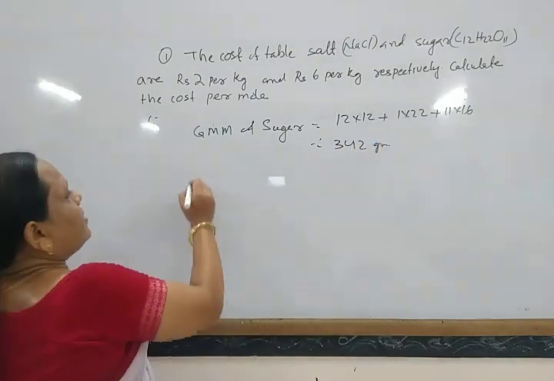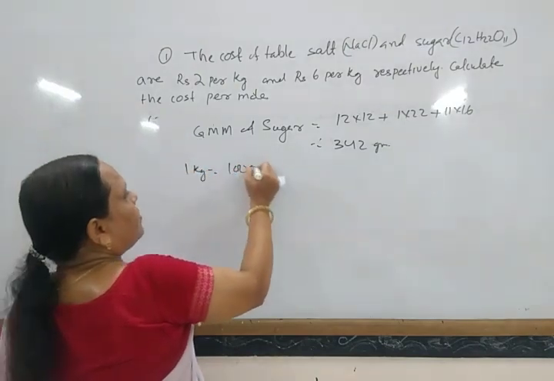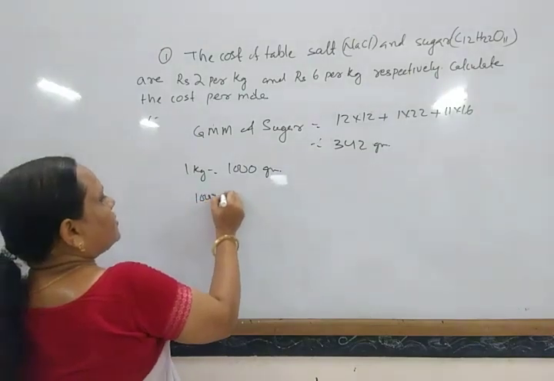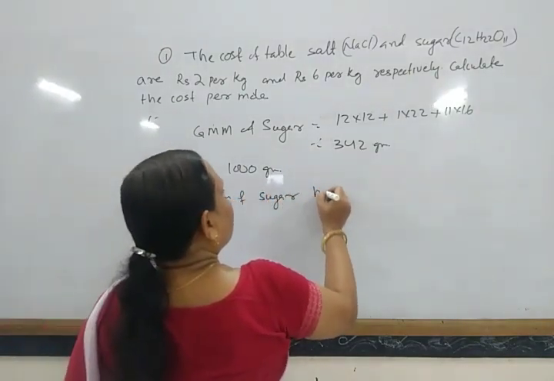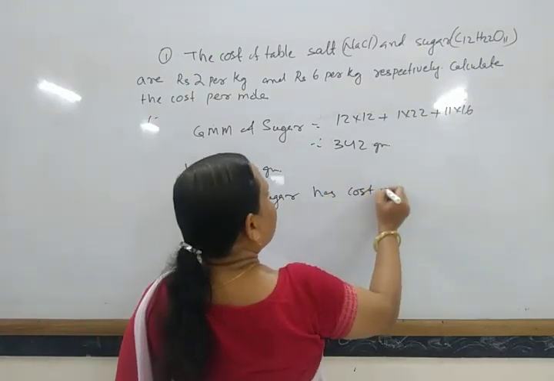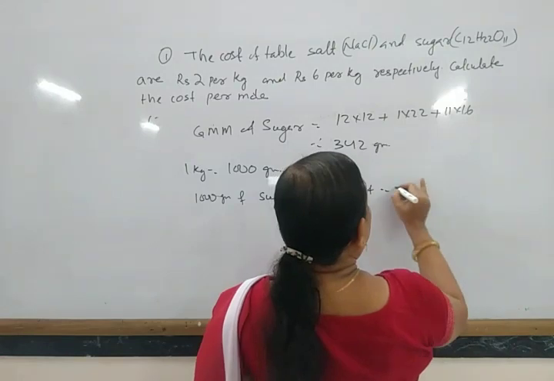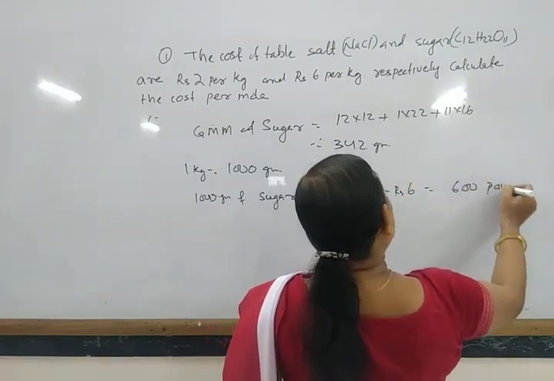So 1 kg equals 1000 gram. 1000 gram of sugar costs Rs 6, that is 600 paise.